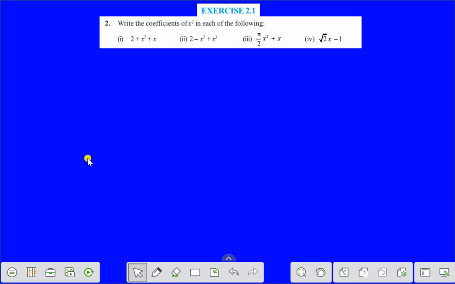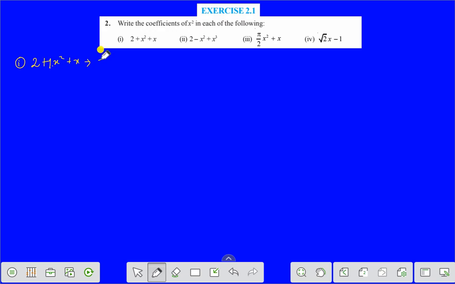Number 1 is 2 plus x square plus x. You have to find the coefficient of x square. Right? That means it is 1 into x square.